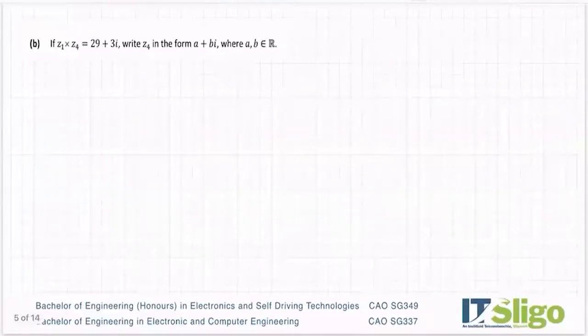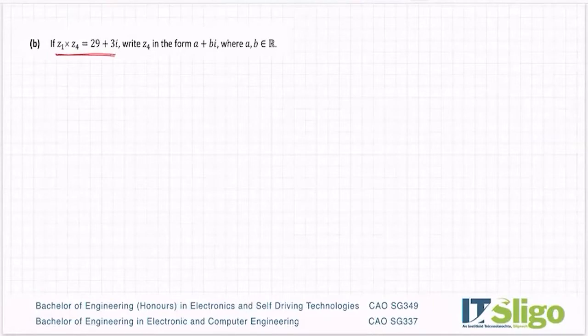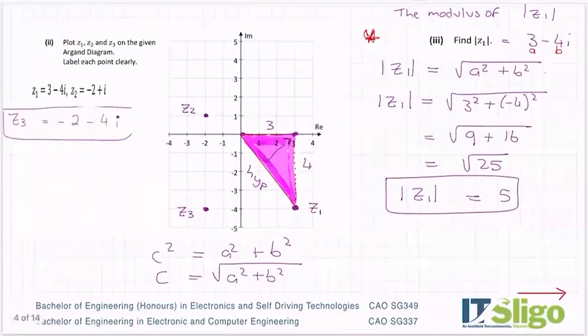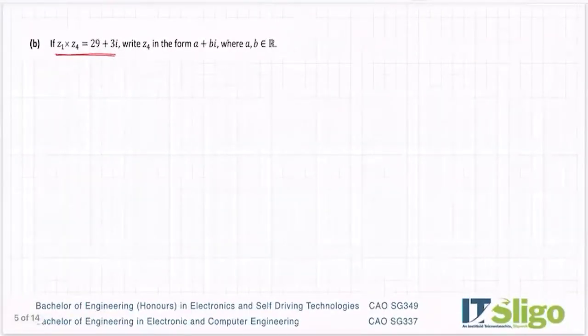Okay, if z1 times z4 is equal to 29 plus 3i, write z4 in the form a plus bi, where a, b is an element of R. These can be quite confusing as they're written, but if you know any of the complex numbers, write them in where you know them. So z1 was equal to 3 minus 4i.